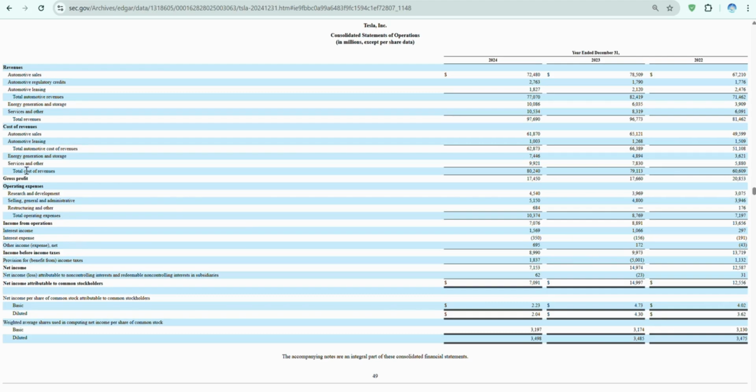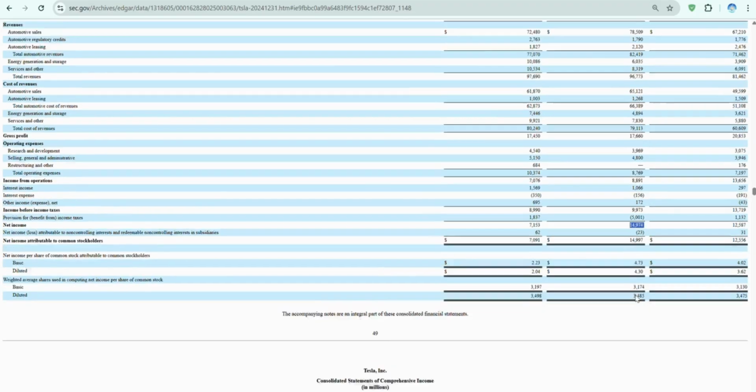You can see the increase in expenses is here. Total operating expenses showed a slight increase from 8K to 10K. But the most concerning section is the net income, which shows a significant decrease from 14K to 7K. So almost a 50% decrease.